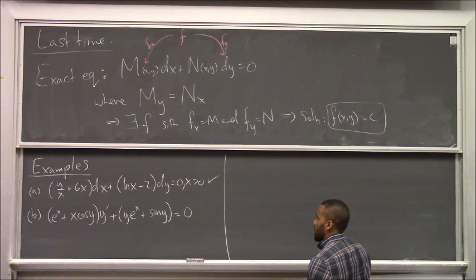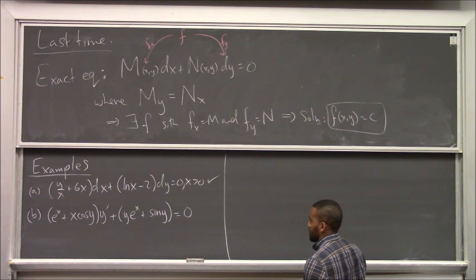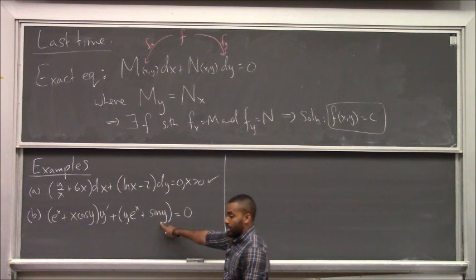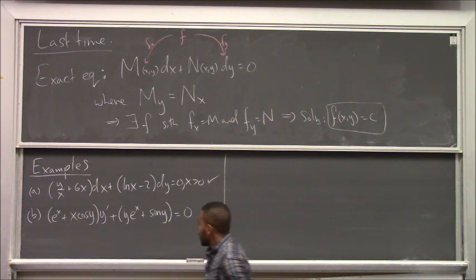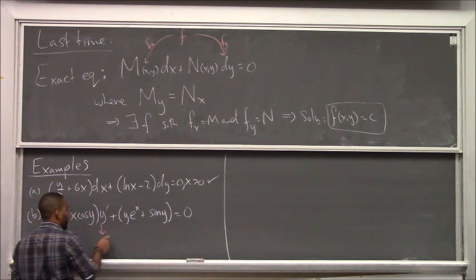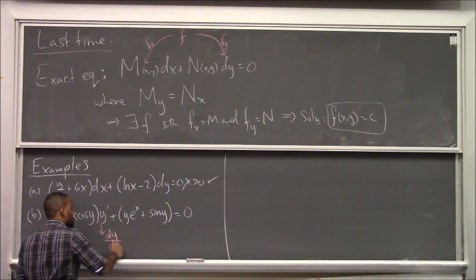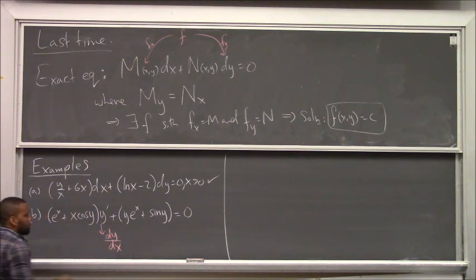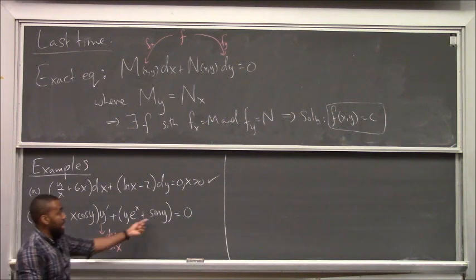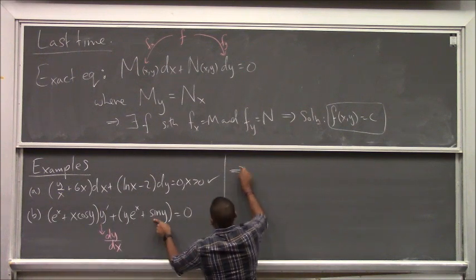So, who's the N here? Who's the N of the second one? The M is the second one. So, try to trick some people. Some people are too smart to fall for it. That is dy/dx, which means if you multiply this through by dx, that guy ends up being the one with dx.